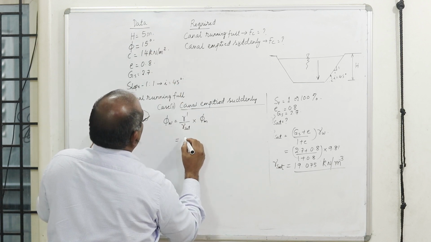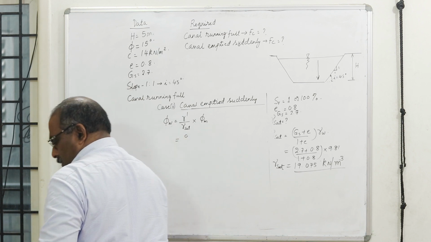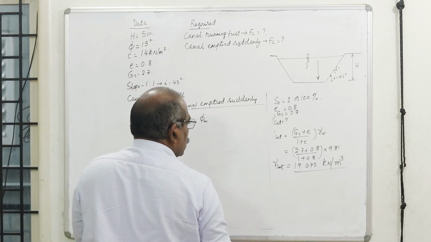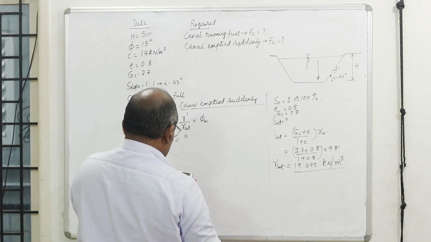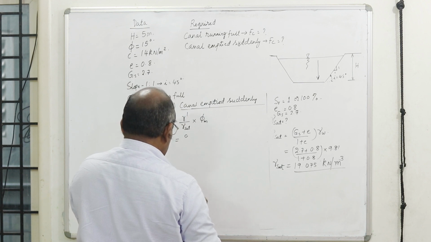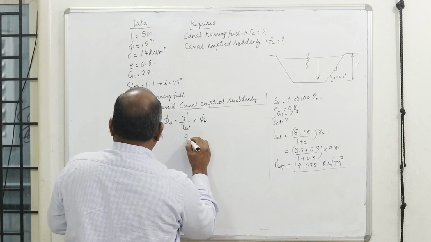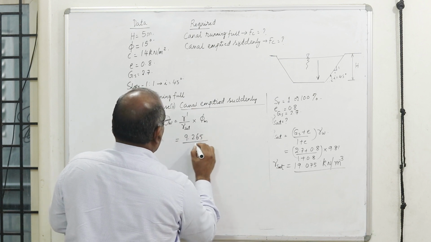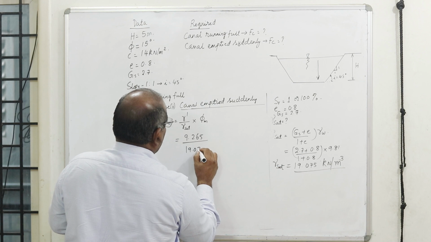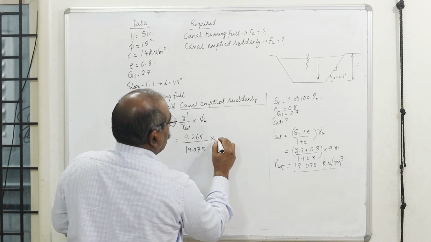Therefore, what I'll do is gamma dash is 9.265, gamma saturated is 19.075 minus 9.81, so the value is 9.265 divided by 19.075 into 5m.